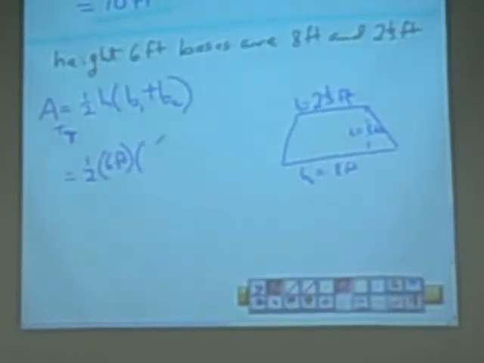And again, good idea to go ahead and convert that to an improper fraction. Substitute that in. So you should have gotten 7/3 feet plus 8 feet.